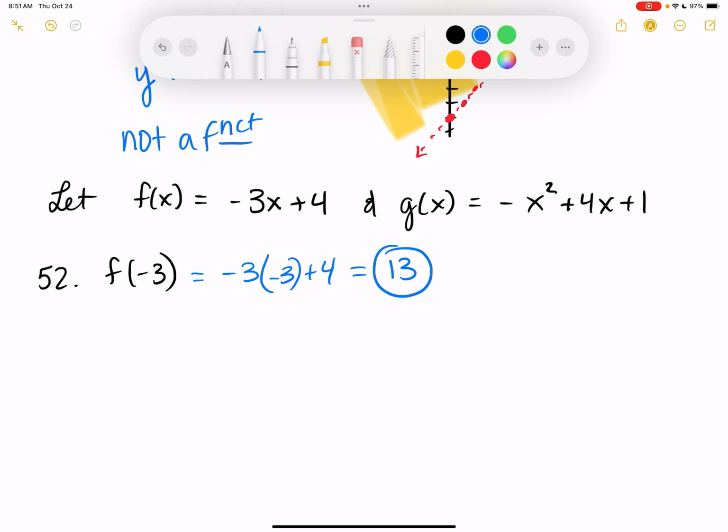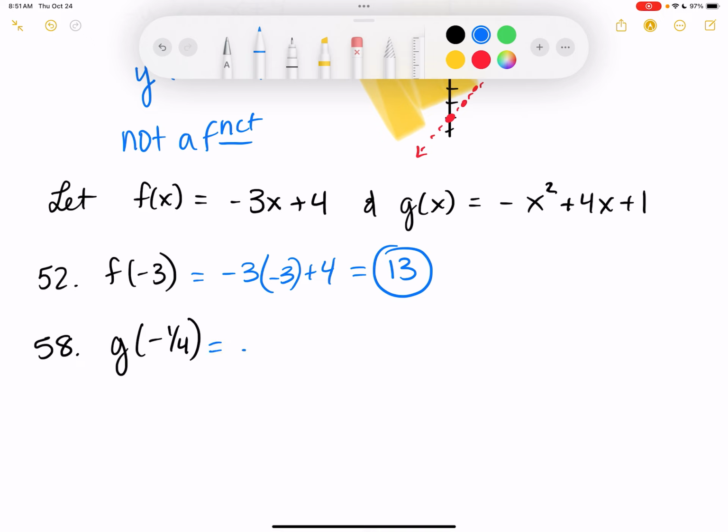So it's just plugging numbers in, essentially, for the function. If you have, let's do a g of x one. 58. G of negative 1/4. So that means anywhere there's an x in that function for g of x, I'm going to put a negative 1/4.